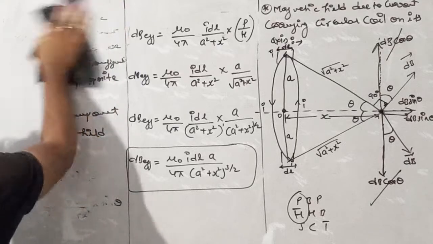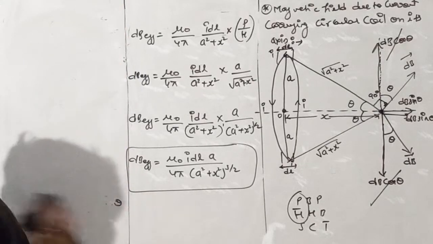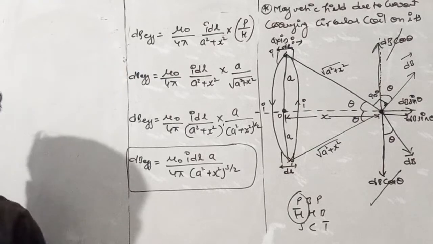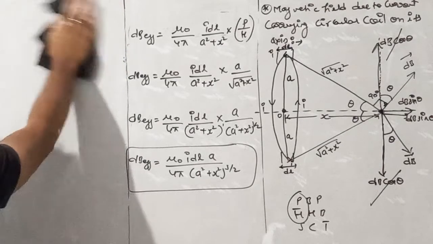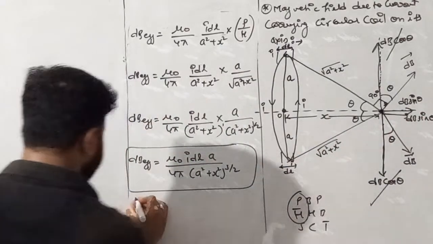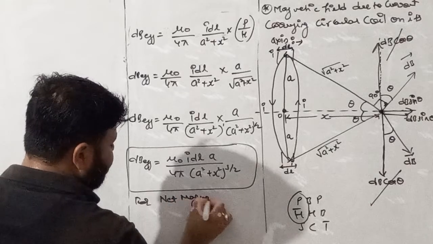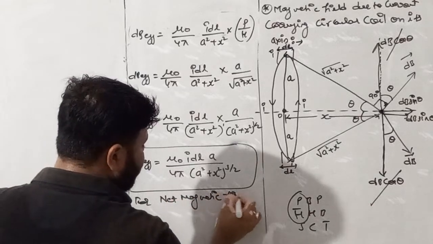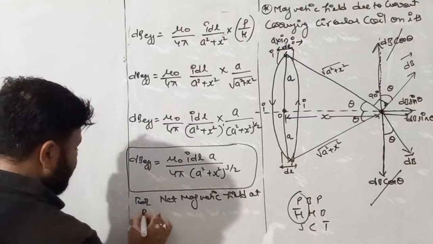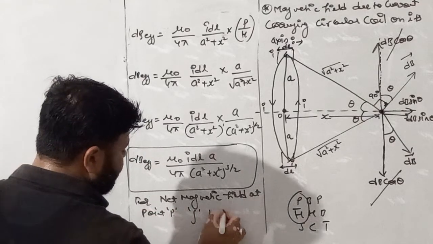So write down, for net magnetic field at point P, integrating both sides.